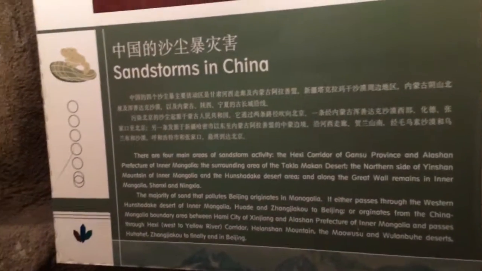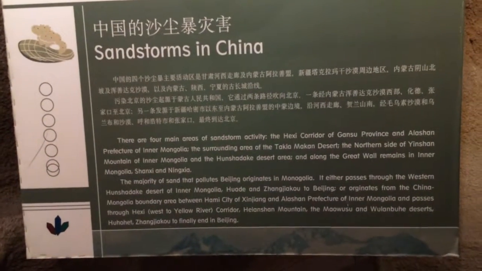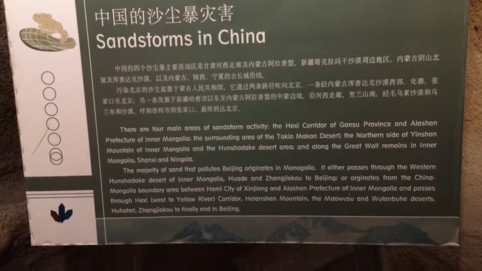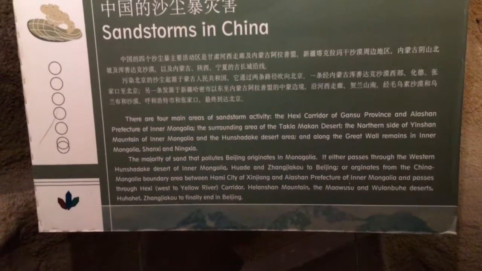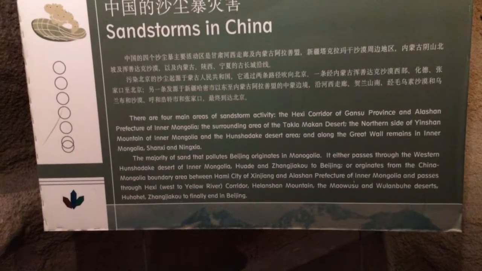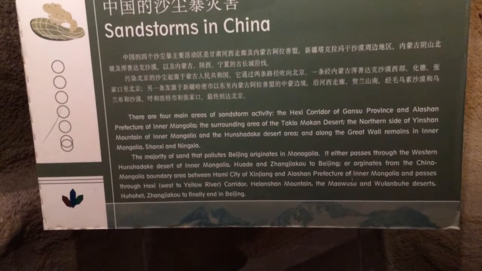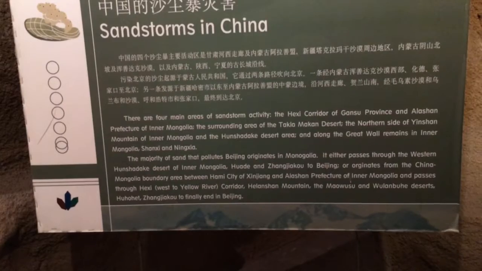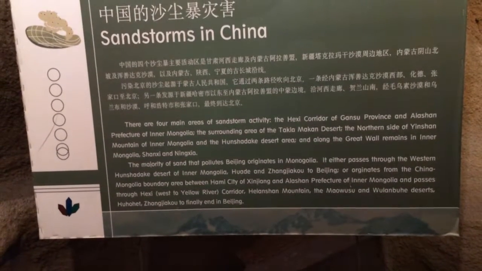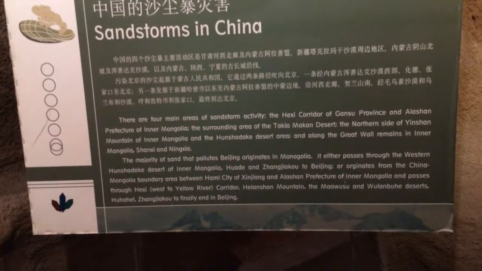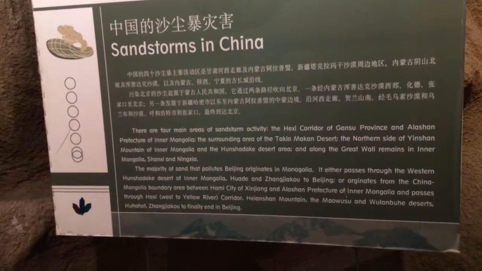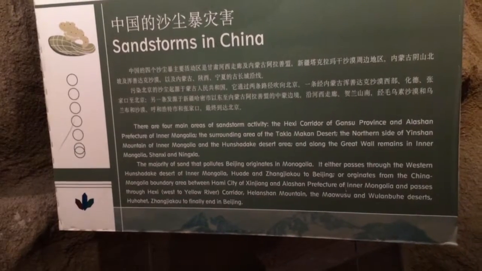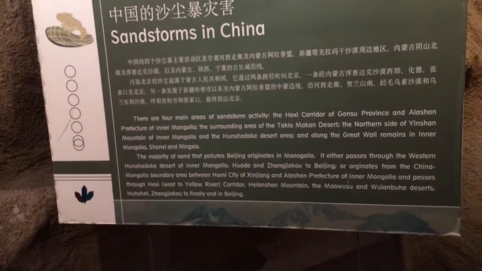The majority of sand that pollutes Beijing originates in Mongolia, either passes through the western Hun Shadaki Desert or Inner Mongolia, Huadi and Jiangjiakou to Beijing, or originates from China-Mongolia boundary area between Hami City of Xinjiang and Alishan Prefecture of Inner Mongolia, and passes through Heshi, west to the Yellow River corridor, Yilanshan Mountain, and Mawusu and Ulanbuhi deserts, Huhohet and Jiangjiakou, to finally end in Beijing.